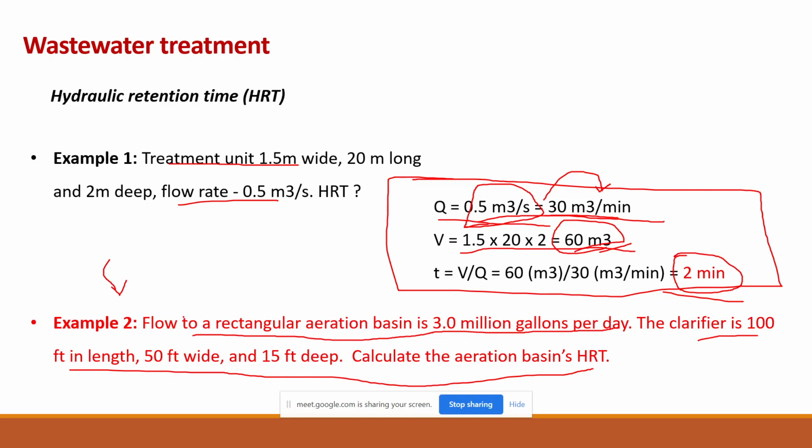You just have to take care of some of the unit conversions. All the dimensions are provided: 100 feet length, 50 feet breadth, and 15 feet depth. And the flow rate is 3 million gallons per day. So what will be the hydraulic retention time? Try to attempt this.